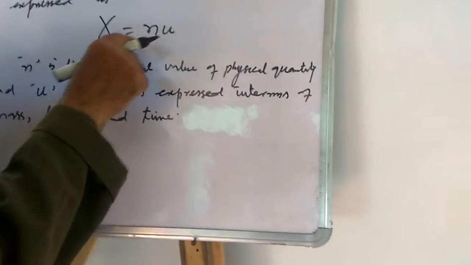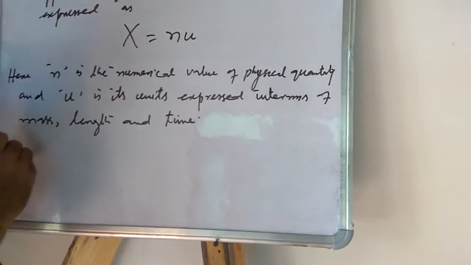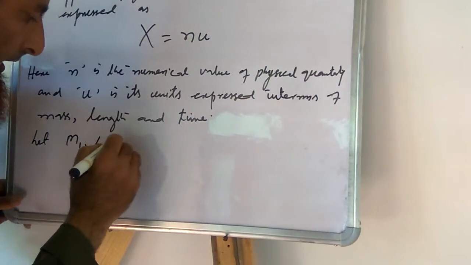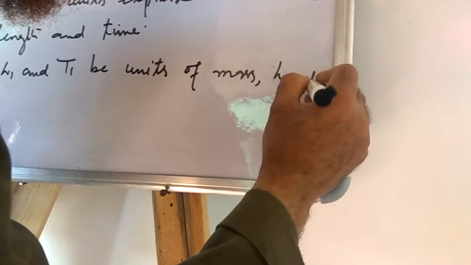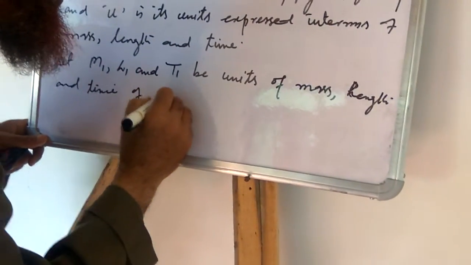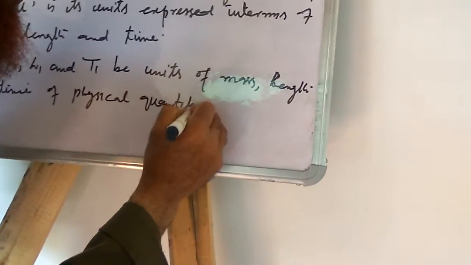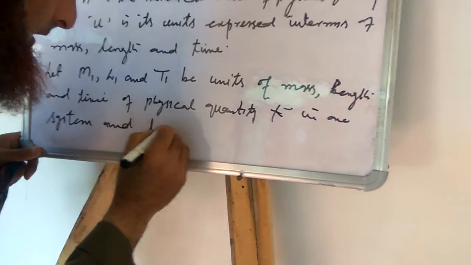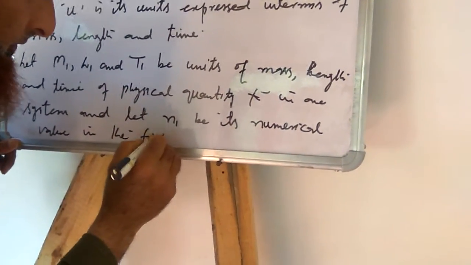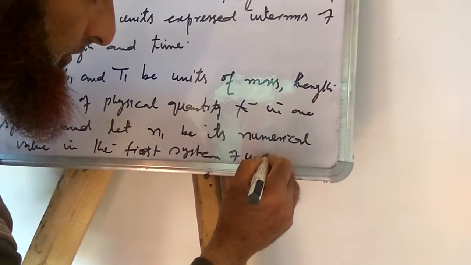Now suppose the physical quantity is expressed in the base units mass, length and time. Let m1, l1 and t1 be the units of mass, length and time of physical quantity x in one system, and let n1 be its numerical value in the first system of units.